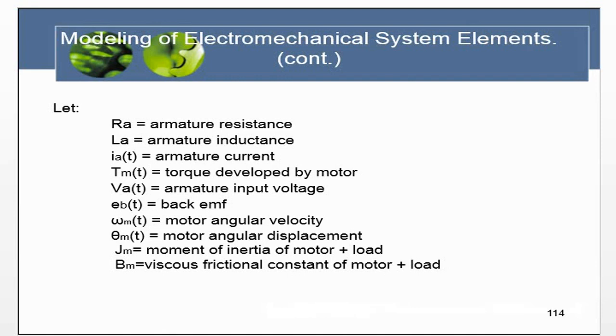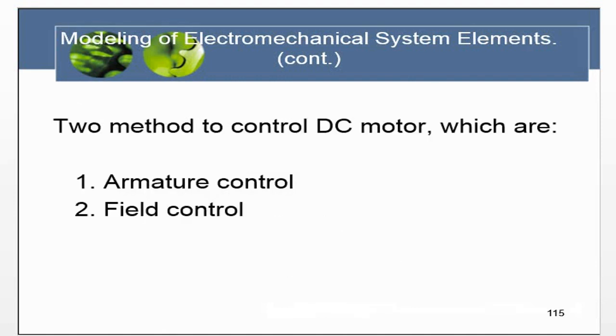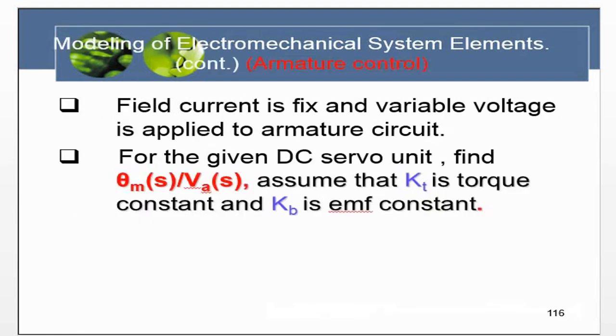DC motor equivalent circuit. Okay, there are two methods to control DC motor, which are armature control and field control. We can control the motor using these two kinds of method.